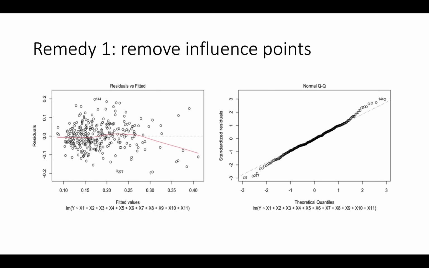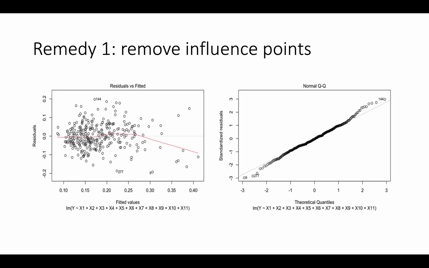After removing the influential points, we can see that the residual plot looks much better, and it could be a linear relationship because although the line is not that straight, the difference is only about 0.1. So in my opinion, it should follow a linear relationship.